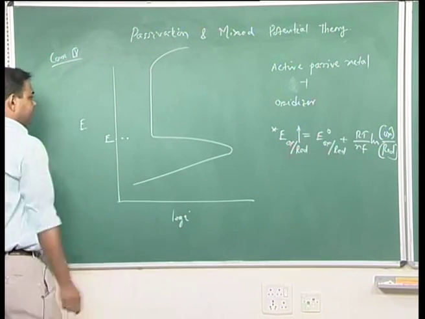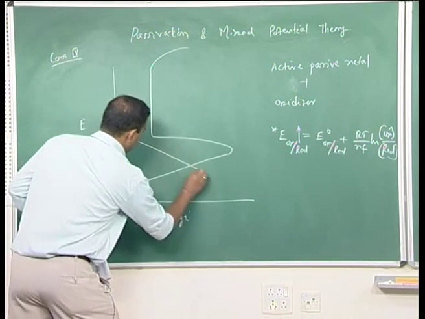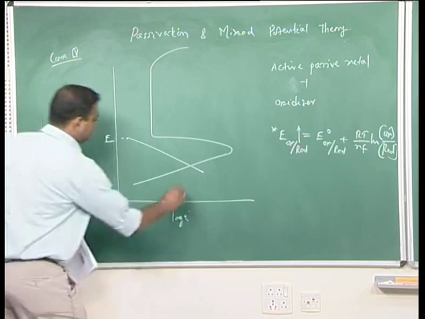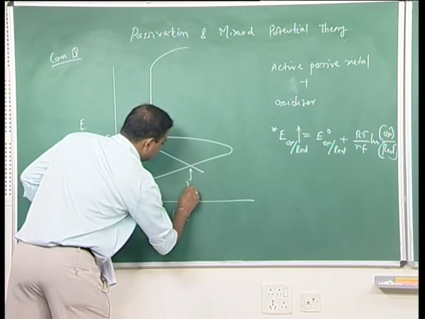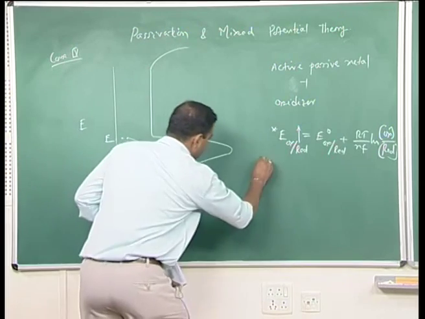I have to see where my cathodic polarization line is cutting the anodic polarization line. So, accordingly this would be my I corr, and let me plot that at this point.